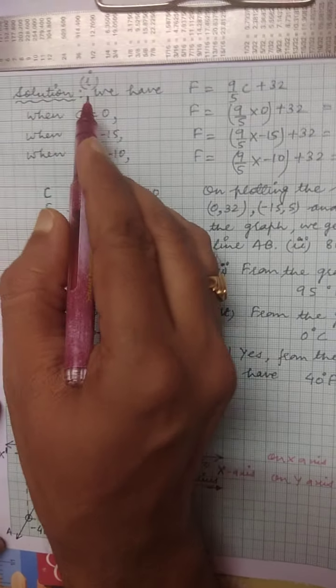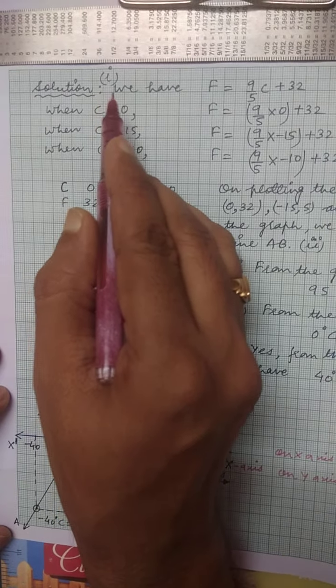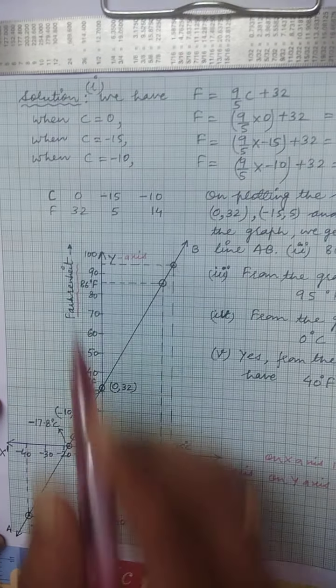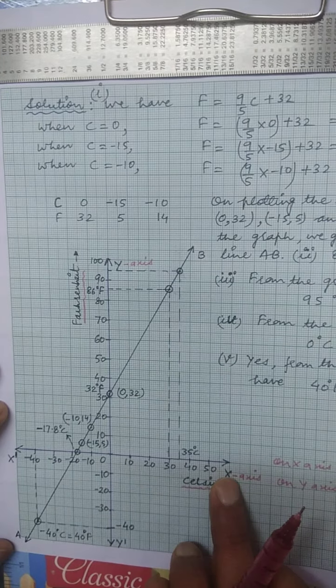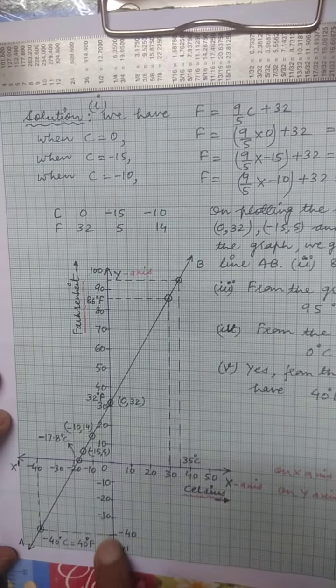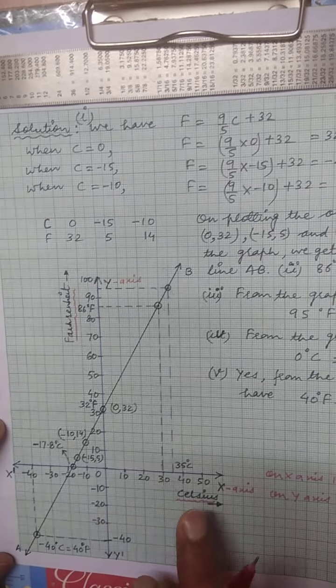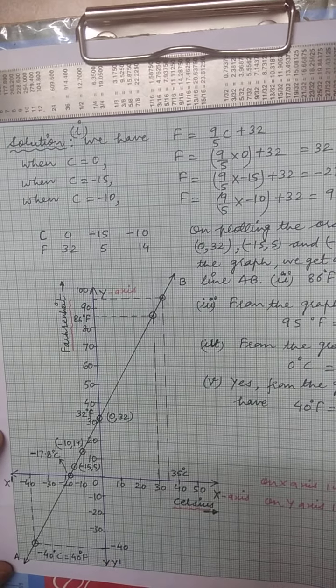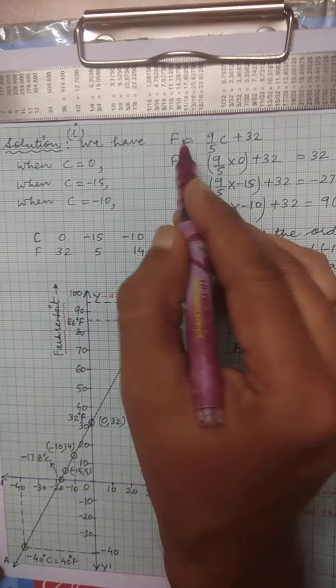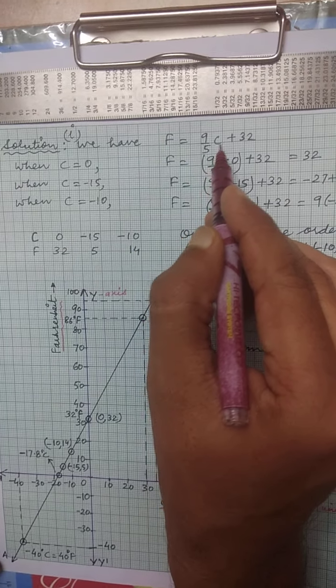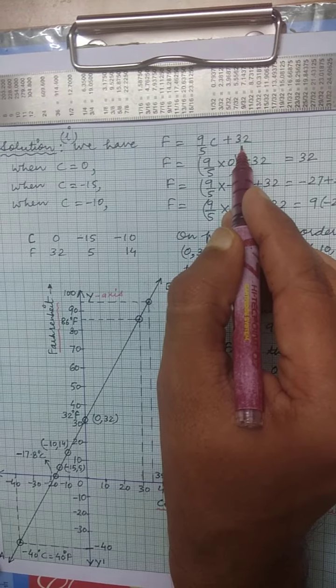Now for the first case we have to draw a graph. So we have prepared the horizontal axis, x-axis and vertical axis, y-axis, and we have taken the unit also on x-axis and y-axis.